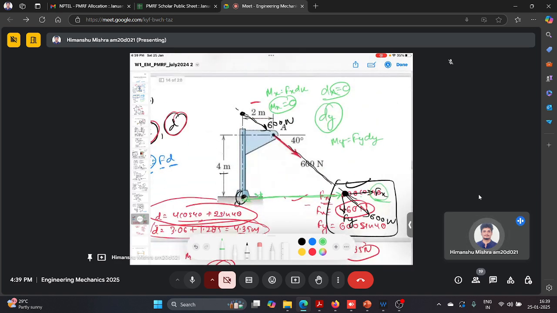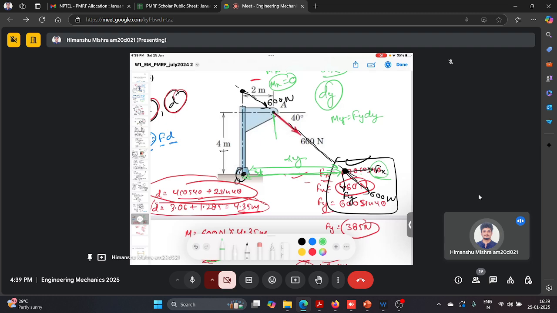So now I need to calculate this distance, which is dy here. Again I can use the law of trigonometry. So this is my triangle. This I know, which is 2 meter. This is my 2 meter, and I know this side also, 4 meter. I know this side and I need to calculate this side, so I can use cot.